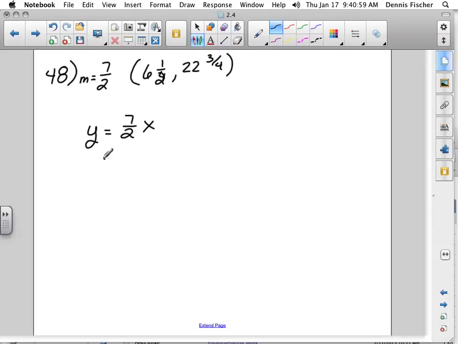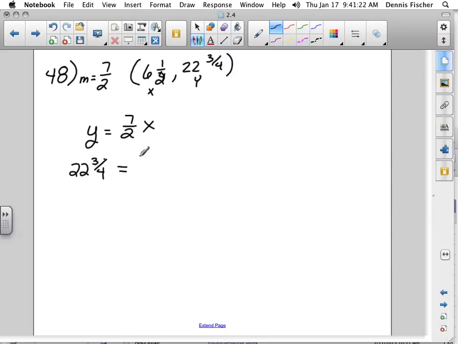That's as simple as that, going with direct variation. Now, if it's true that this point is part of my graph, that means if I plug this x in, and I plug this y into my equation, both sides of my equation should be equal, if it's on that equation, right? So I'm going to plug in 22 3/4 for y.